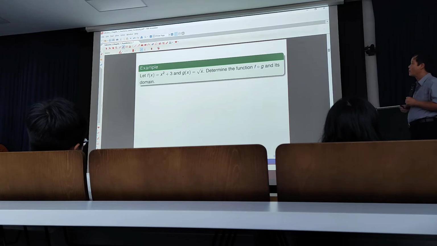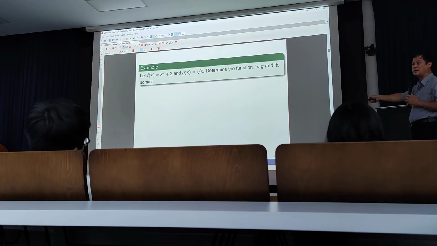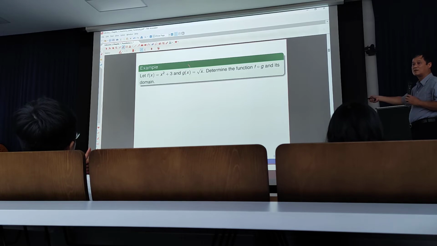For example, you see the function f(x) = x squared plus 3. The domain is everywhere, all real numbers. But the second function g(x) is the square root of x. The domain must be non-negative: x is bigger than or equal to 0. Right?